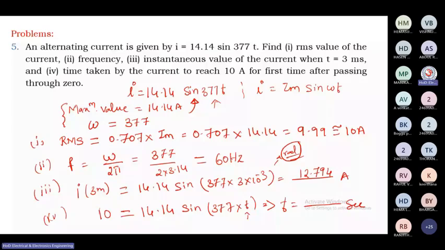Similarly here, when you do it, sine 377 t is equals to 10 divided by 14.14. Sine inverse of 10 divided by 14.14 divided by 377 will be the time.